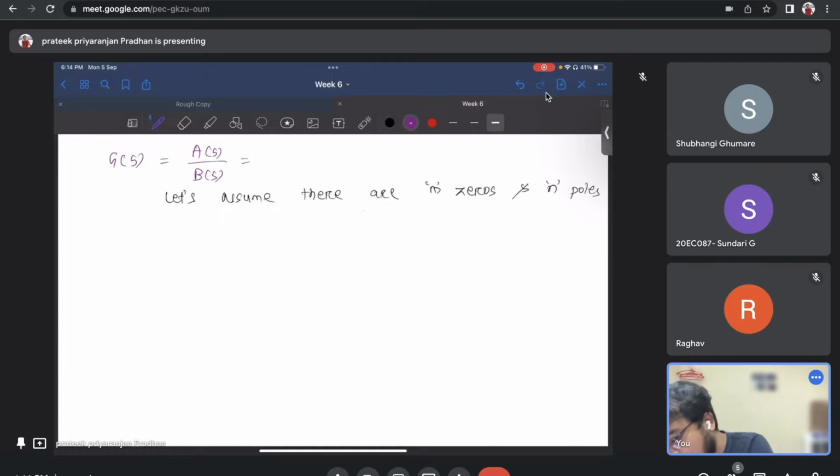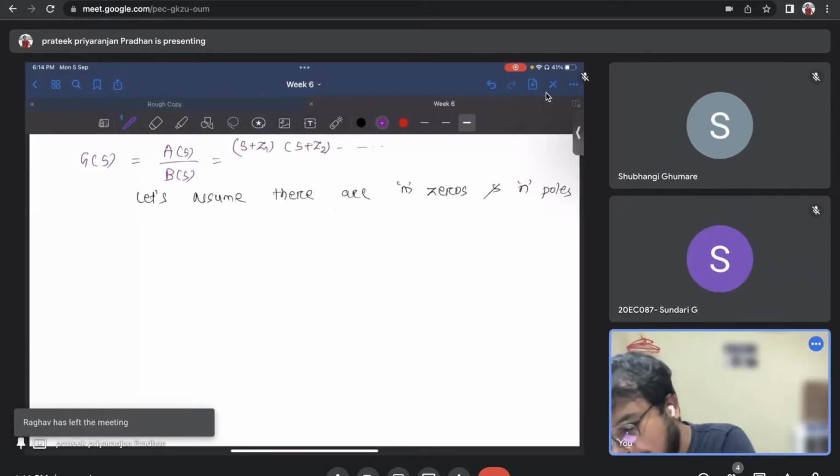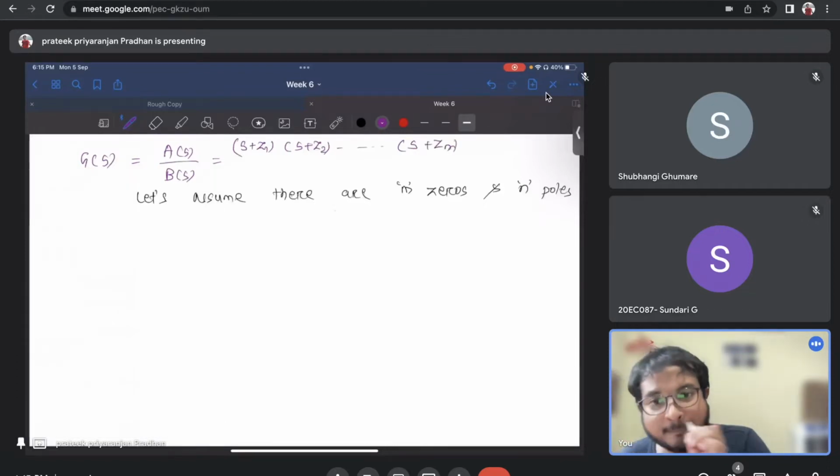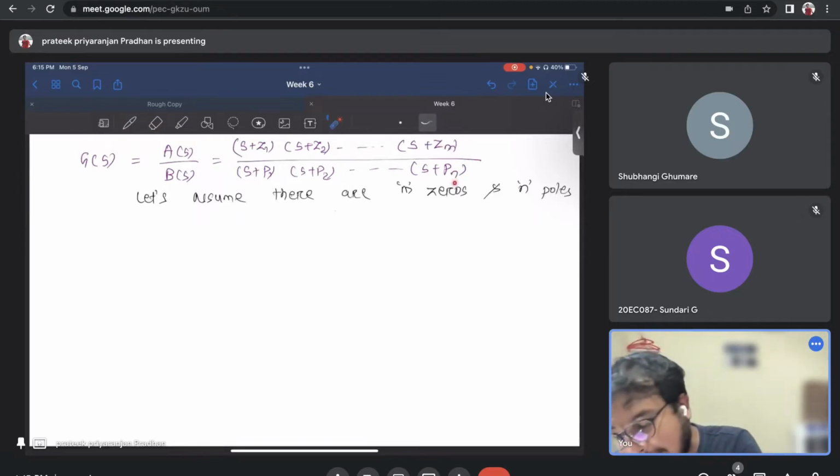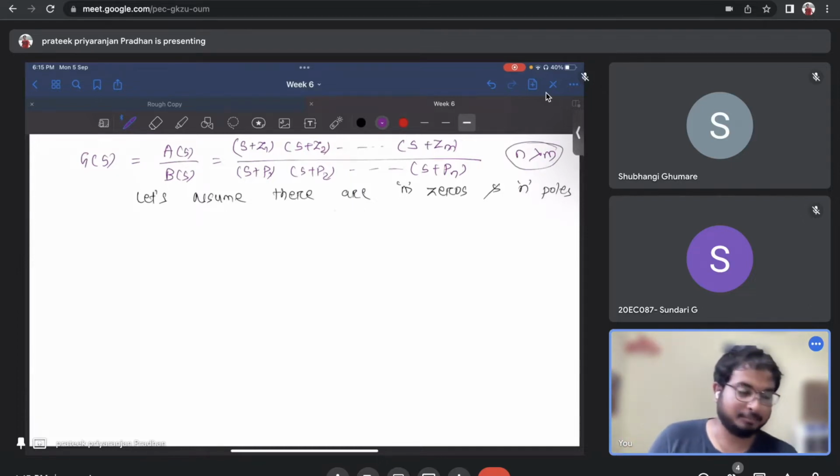That means (s plus z1)(s plus z2) up to (s plus zm), because there are m zeros, divided by (s plus p1)(s plus p2) up to (s plus pn). You can see there are m zeros and n poles, and typically n is greater than m for a proper transfer function.